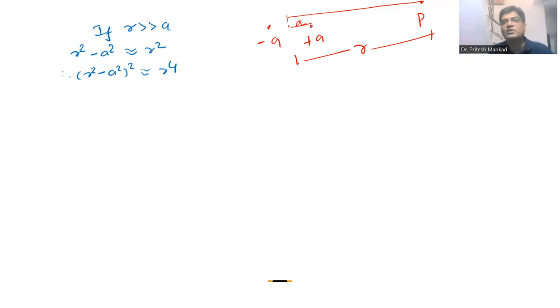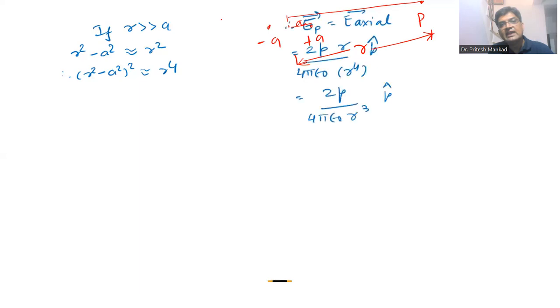This distance is very, very small. So if r is very, very large compared to a, the distance between the midpoint and the charge, then we can neglect a in comparison with r. In that case, r square minus a square is approximately equal to r square, so (r square minus a square) whole square is approximately equal to r raised to 4.